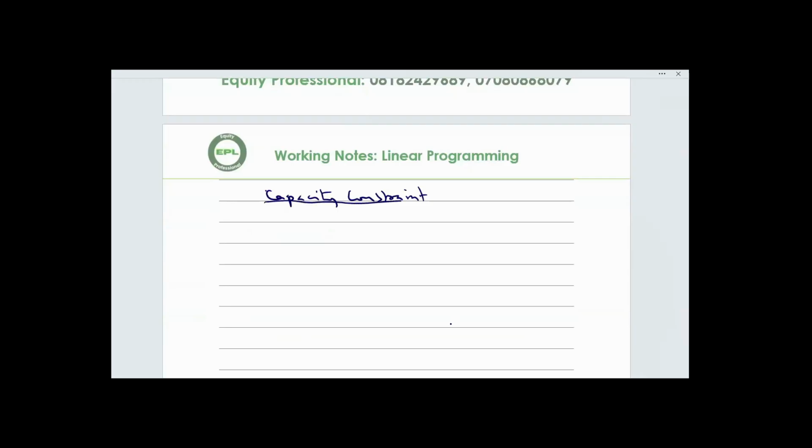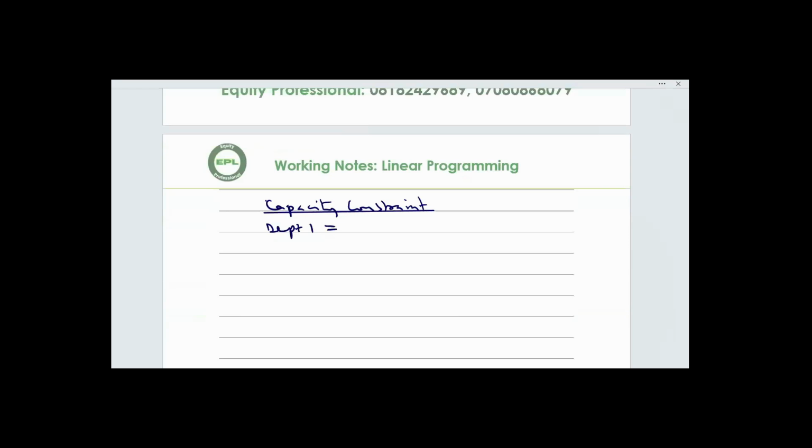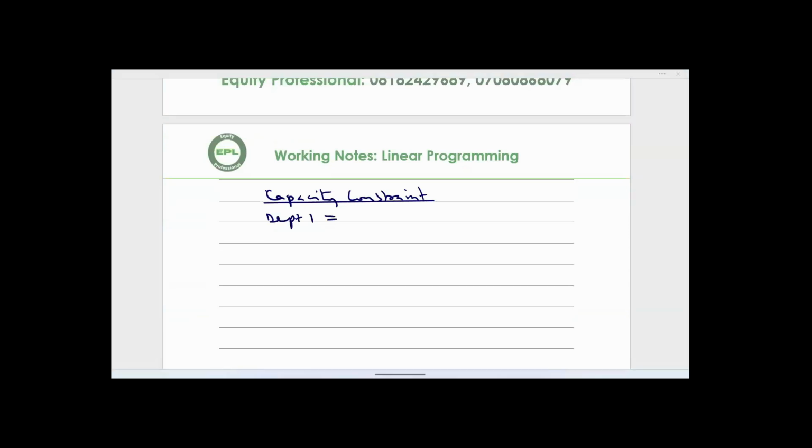So how many hours do we have in each department? For Department 1, according to the question, the examiner has told you that there are 20 employees in Department 1, and each employee requires 40 hours.